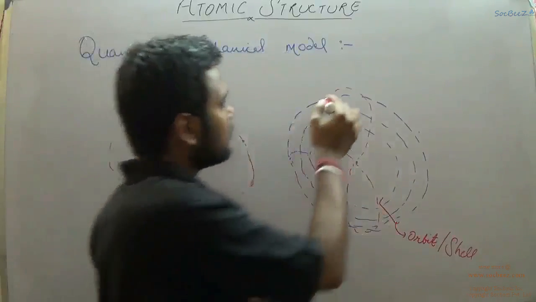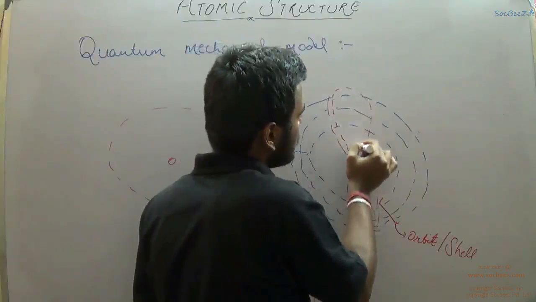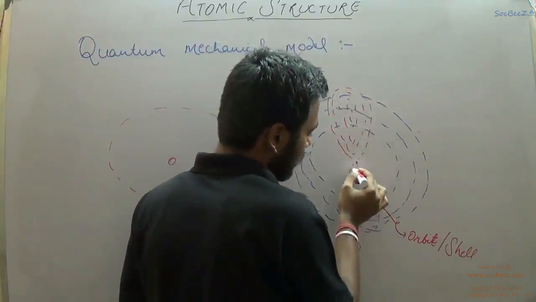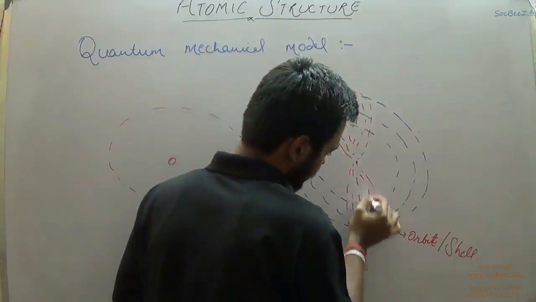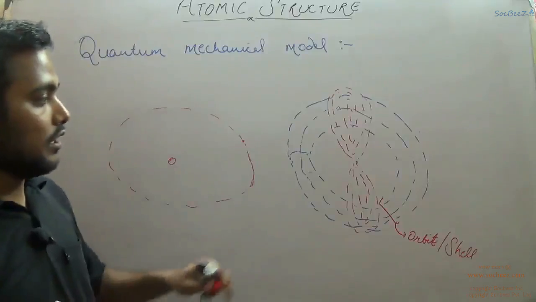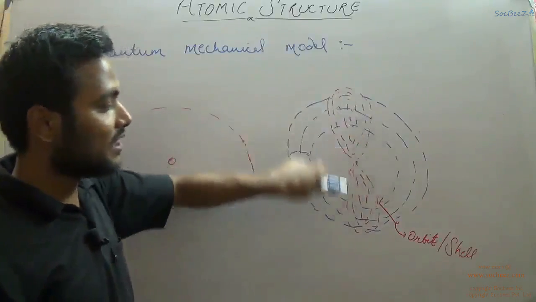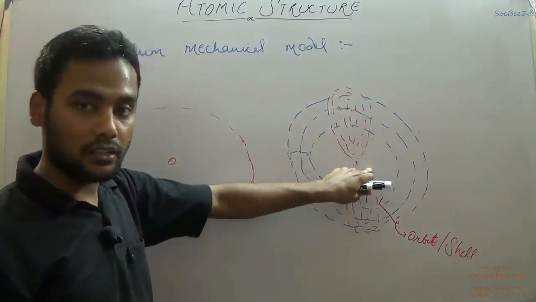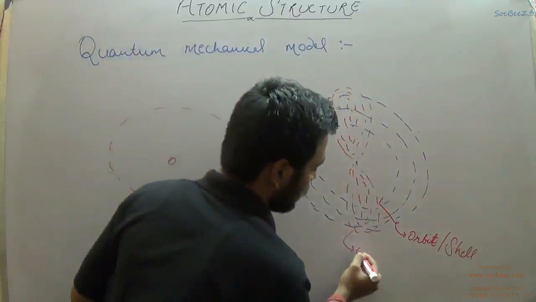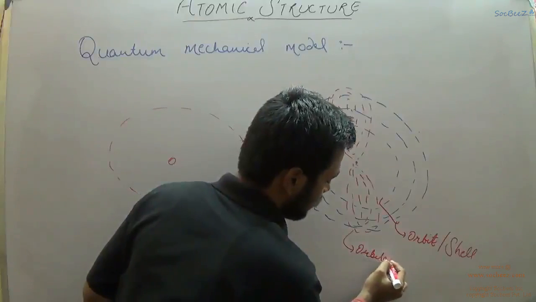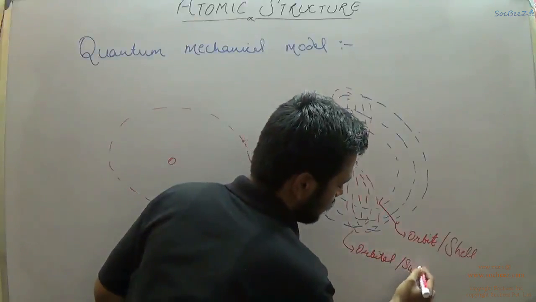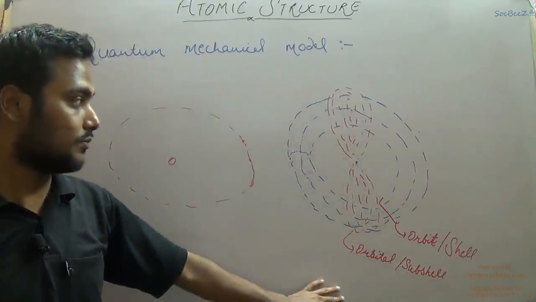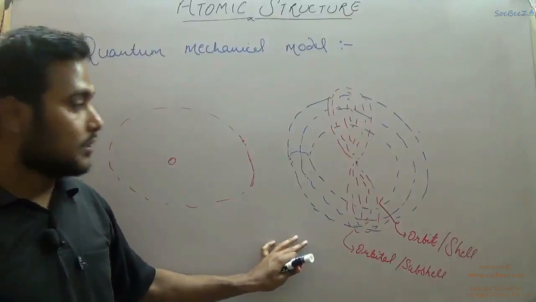So here, at this particular place, the probability of finding an electron is significant, and also at this place. Now, this place lies within this orbit, and we call this an orbital, or subshell.